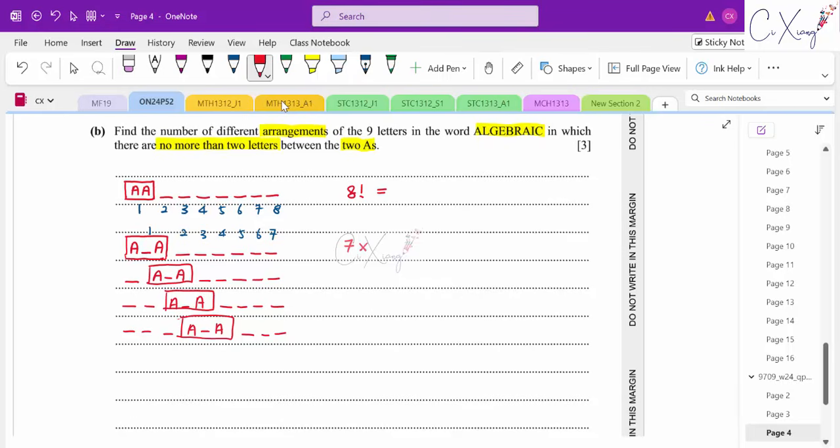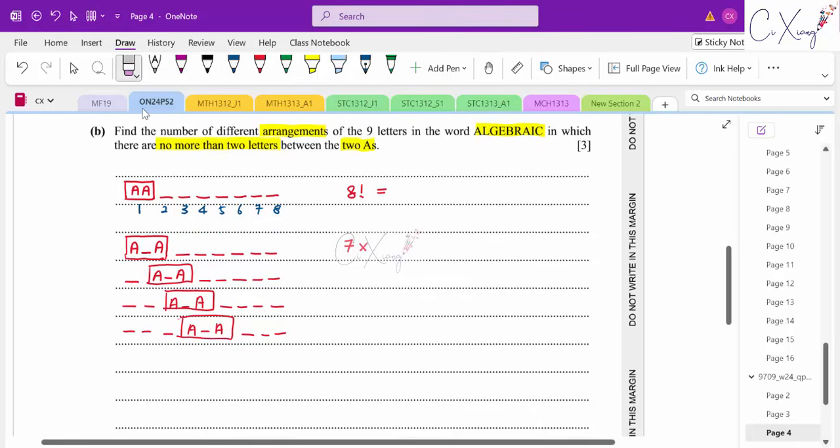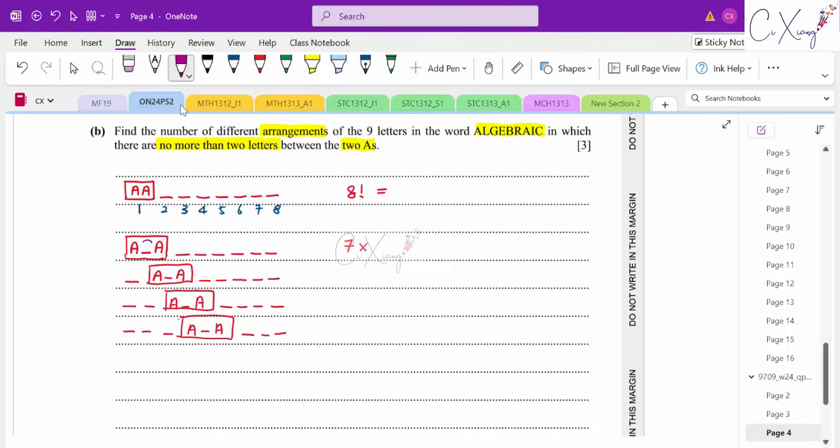When you place this particular unit, now we need to consider the number of arrangements for the letters in the other spaces. So I need to consider the letters here, 1, 2, 3, 4, 5, 6, 7. To arrange the 7 letters here, and all of them are different letters, you have to multiply by 7 factorial. Arranging 7 letters into 7 spaces should be 7P7, or you can write it as 7 factorial.